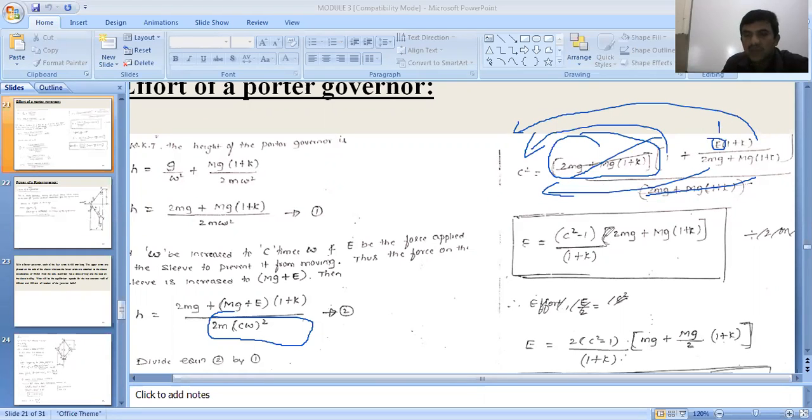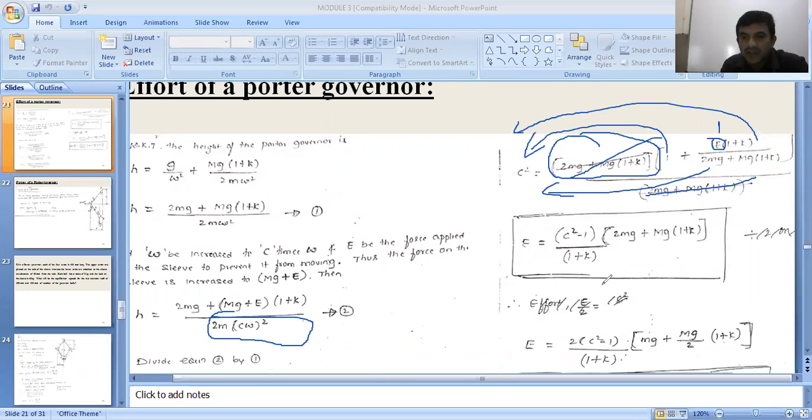Now finally e is equal to c square minus 1 divided by 1 plus k times 2 times mg plus capital Mg into 1 plus k. Now this will be the effort of the governor, right?